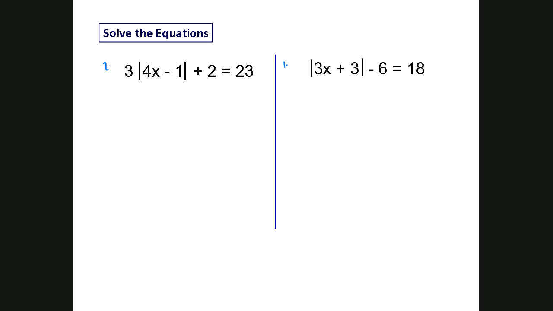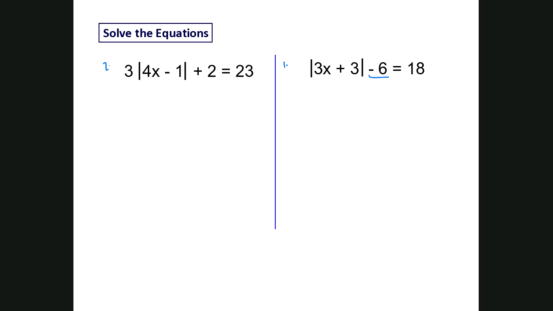When I say isolate, I mean you want whatever's in the absolute value by itself on that side of the equal sign. Right now I have 3x plus 3 in the absolute value, but I also have this minus 6, so it's not isolated. I need to get rid of this minus 6.